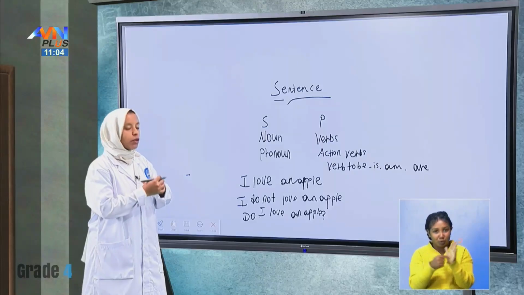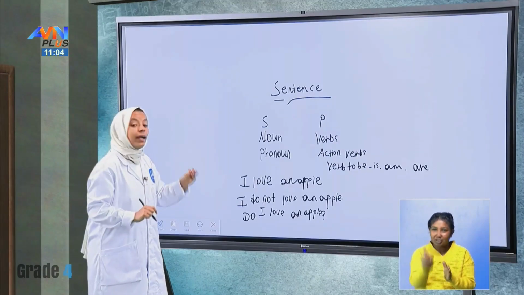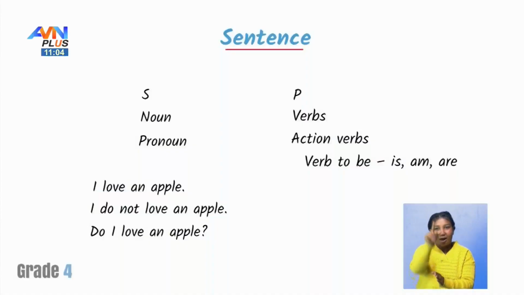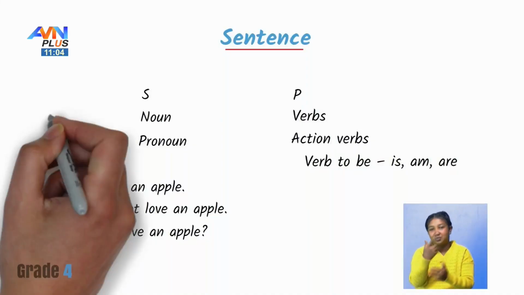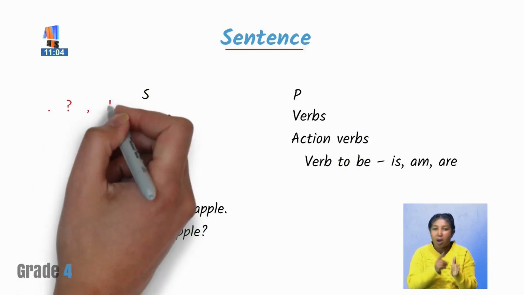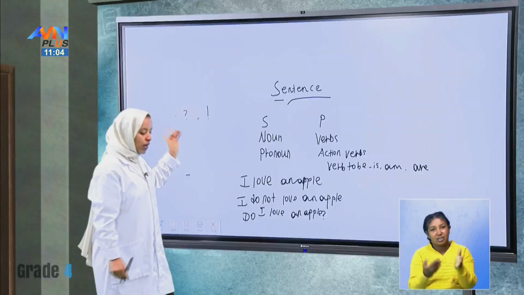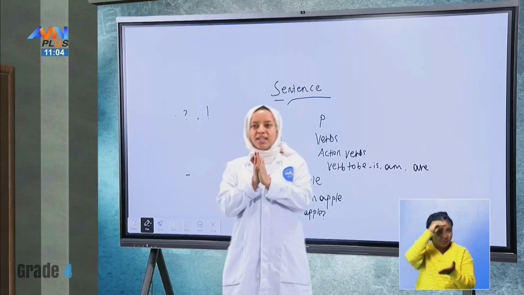That was the previous lesson also: comma, full stop, question mark, and exclamation mark. We will discuss full stop, question mark, comma, and exclamation marks. This was our previous lesson.